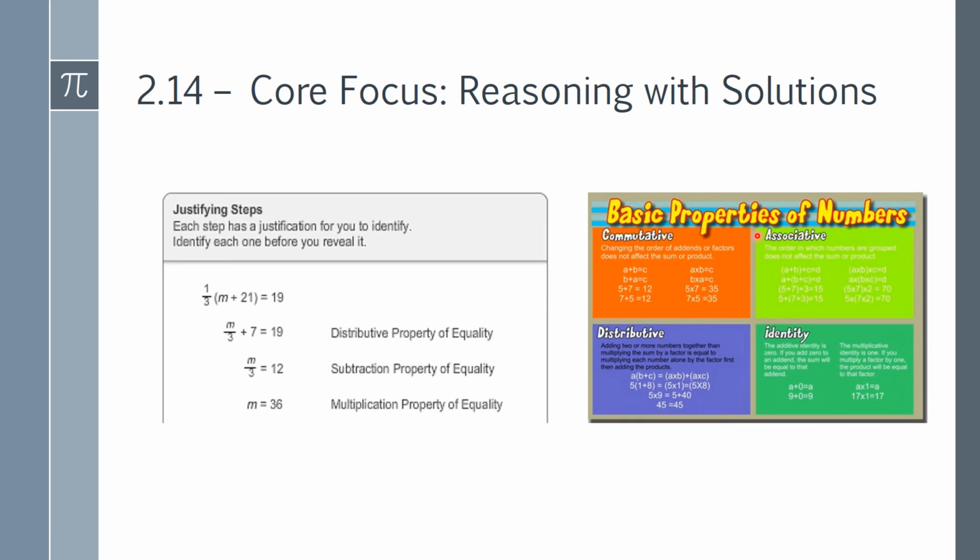This is called the associative property of numbers. And basically it means when I put parentheses, associate, think like who you are close to, who you're around. When it comes to addition and multiplication, again, division and subtraction, it doesn't work. I can group with addition and multiplication, and it doesn't change my final answer.